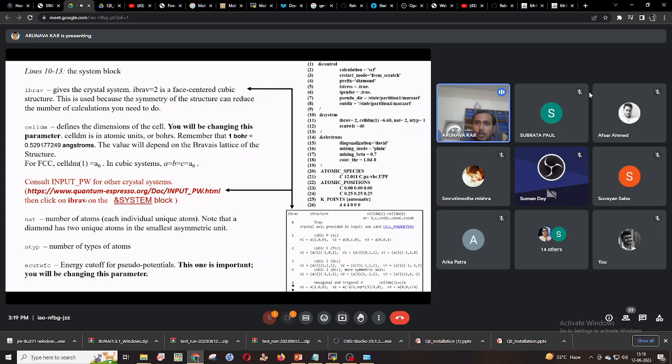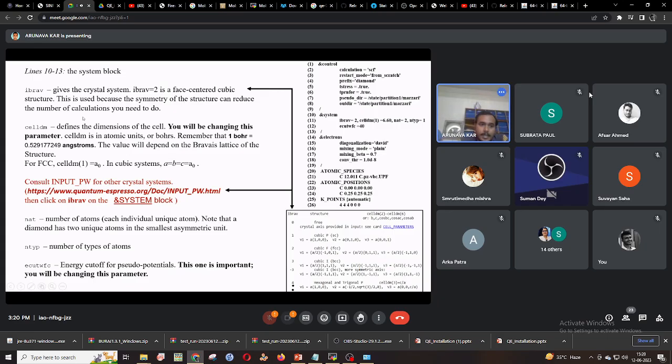If you go to the Quantum ESPRESSO site, pw.x, under the system block, you can get all the ibrav structures. ibrav is also used because the symmetry of the structure can reduce the number of calculations you need. We'll discuss this a bit later.